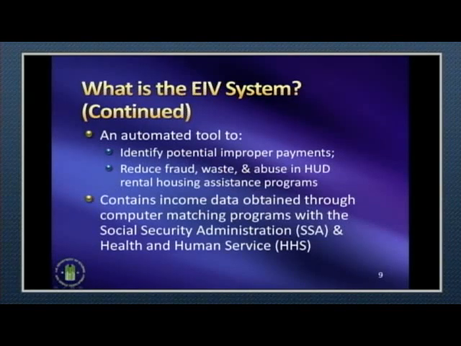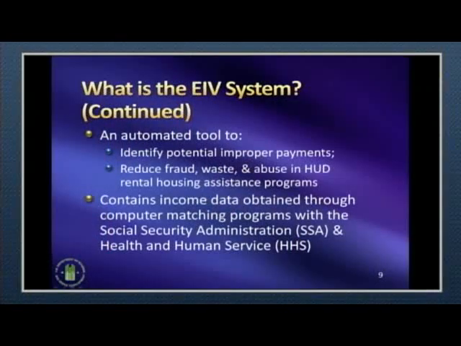And if you remember EIV from the very, very beginning, EIV was just a repository of income information, but we've expanded the system to cover various other avenues such as deceased tenants, invalid Social Security numbers, duplicate assistance, and potential unreporting of income.